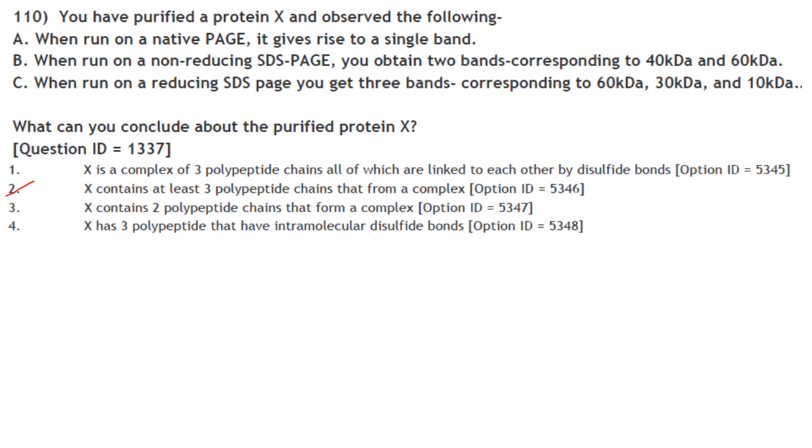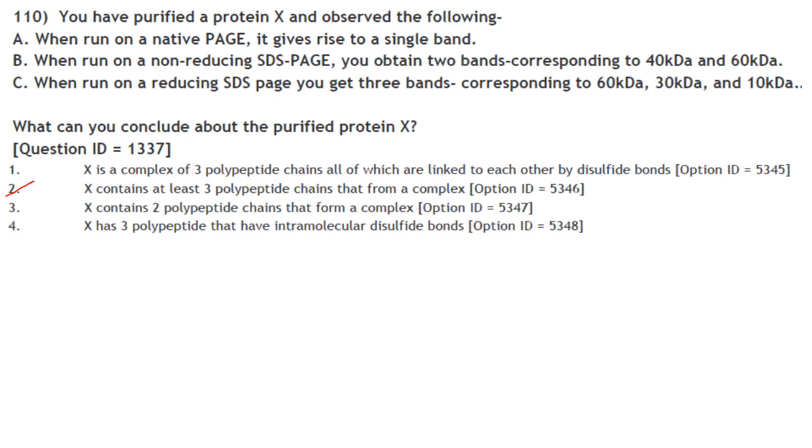Okay. In native PAGE, no bonds are broken. When run on non-reducing SDS PAGE, you got two bands, 40 and 60. And when run on reducing SDS PAGE, the disulfide bonds were broken in the 40 kDa subunit, resulting in 30 and 10 kDa subunits.